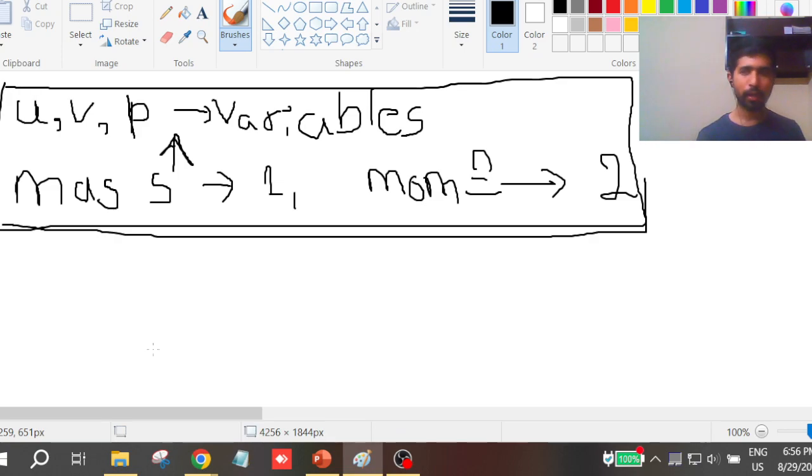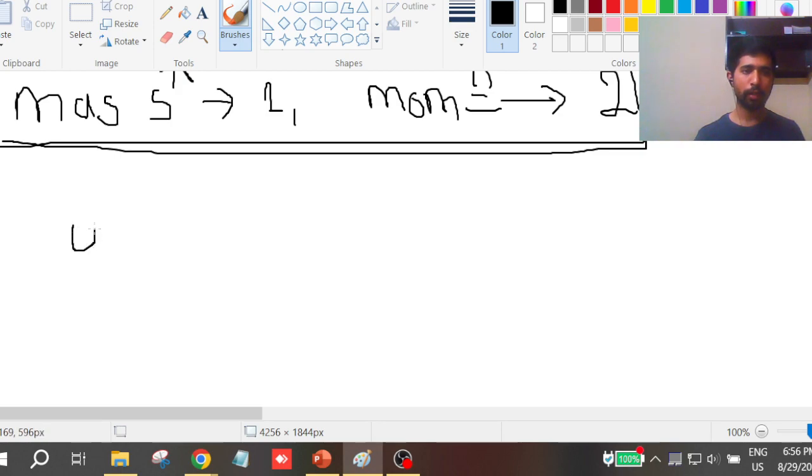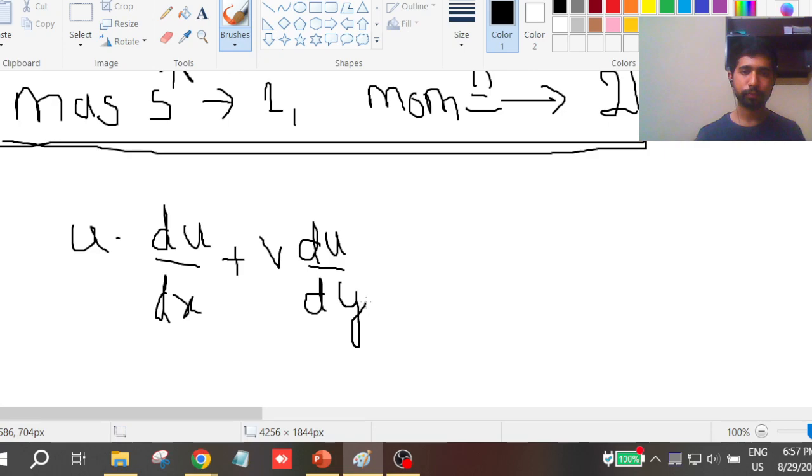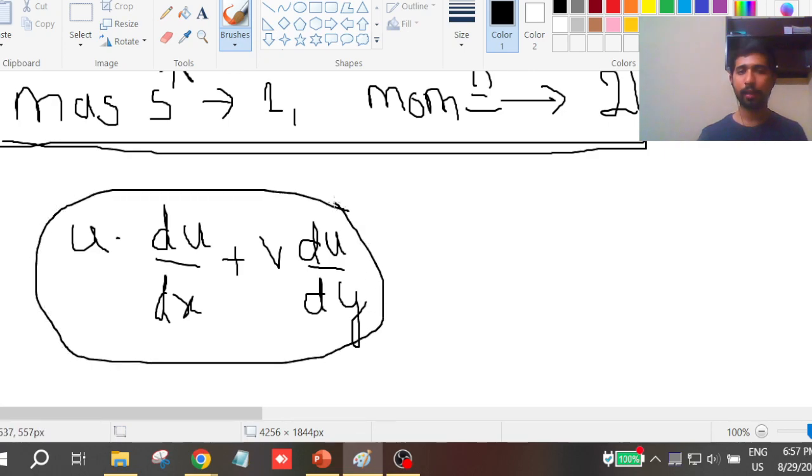Okay, but as you people have already quite correctly said, the momentum equation is a non-linear equation, because in the x momentum equation we get u into dou u by dou x, plus v into dou u by dou y, the advection term. So this is a non-linear term.